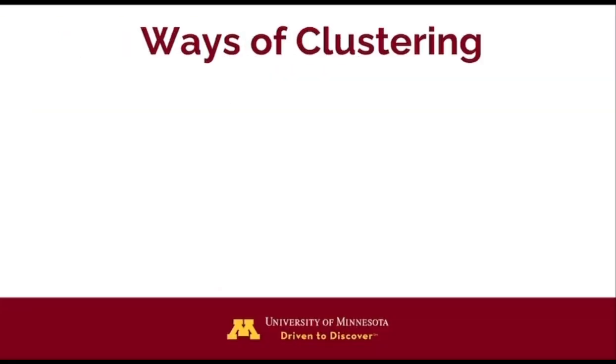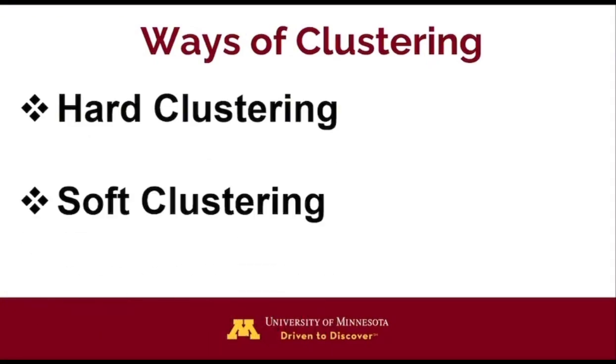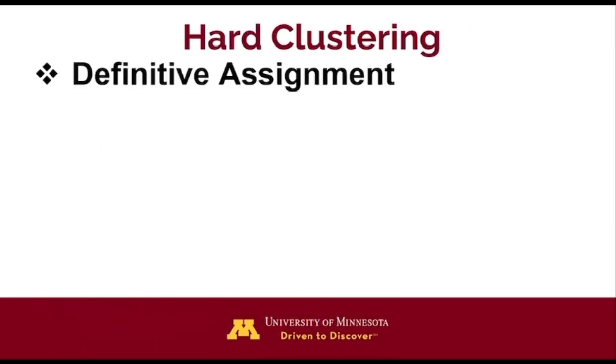Now I want to walk us through ways of clustering. We have hard clustering and soft clustering. What we mean by hard clustering is that we have a definitive assignment: a particular object can only be in one group. It can never be in another group.